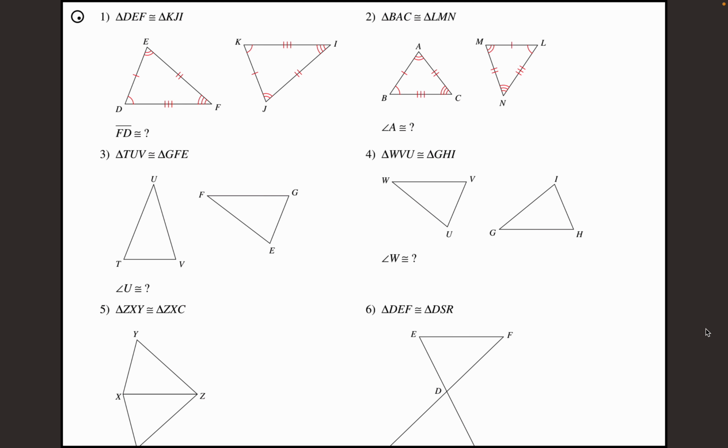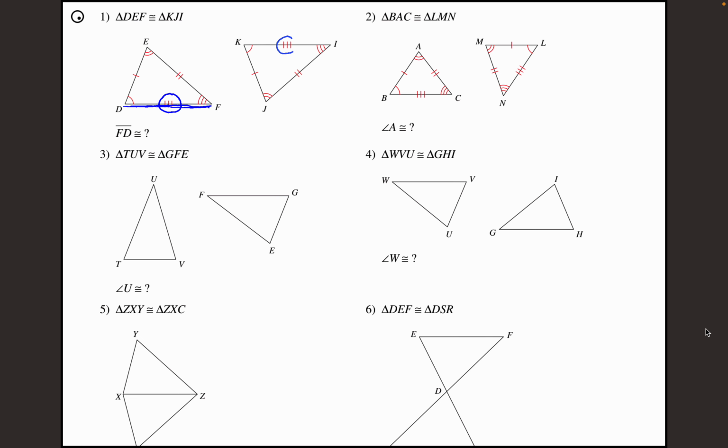All right, let's go ahead and look at this. First one asks us to find FD is congruent to what? Okay, well, let's find that line. So FD is going to be right here. All right, so that line has the 3 congruent symbols right here. So which other one on the triangle has 3 congruent symbols?